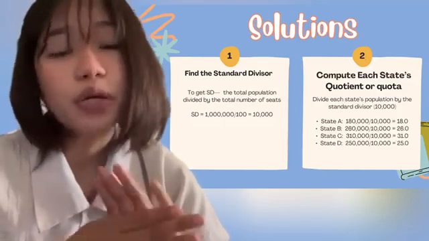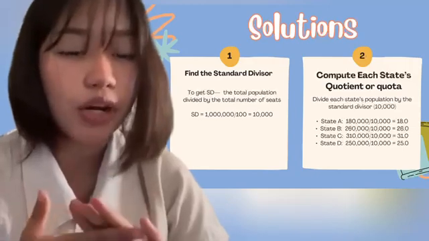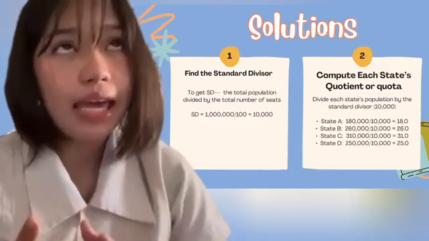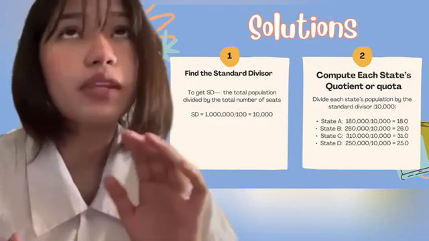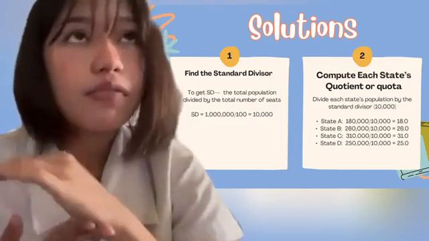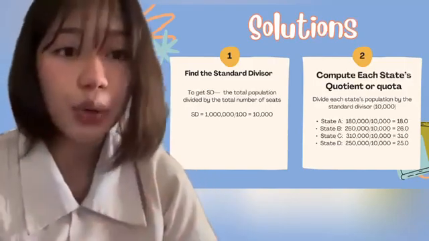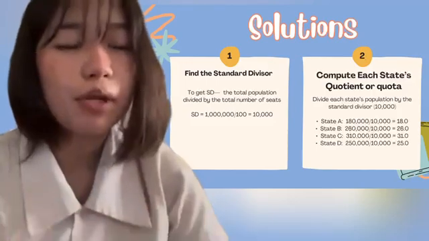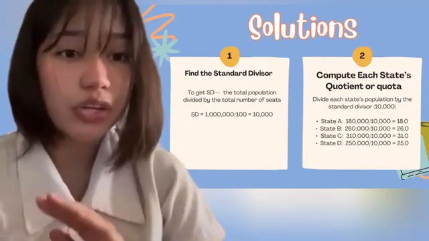Next, we need to find each state's quotient, or the quota. State A has a population of 180,000; divided by the standard divisor of 10,000, it equals 18.0. State B has a population of 260,000 divided by 10,000, which equals 26.0.